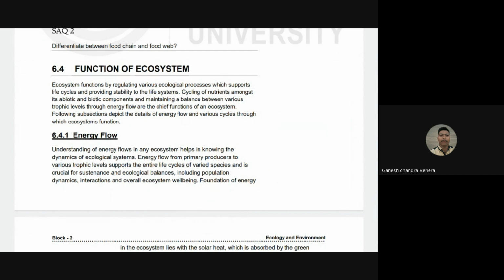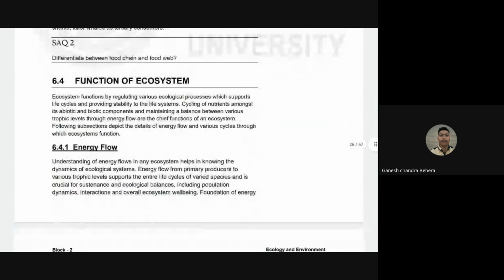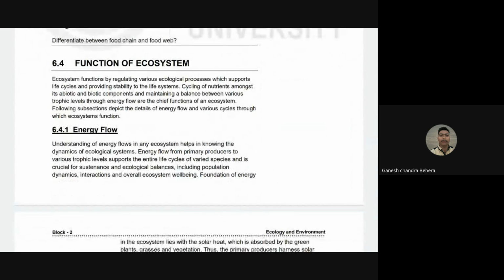One is that energy can neither be created nor destroyed. Another is that energy will be converted from one form to another. So the laws of thermodynamics characterize the energy flow within any ecosystem.